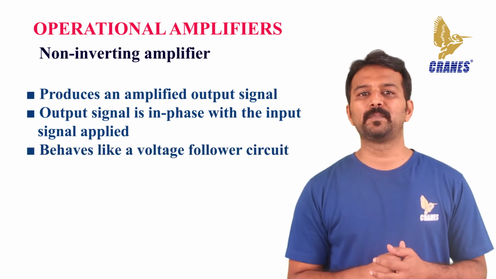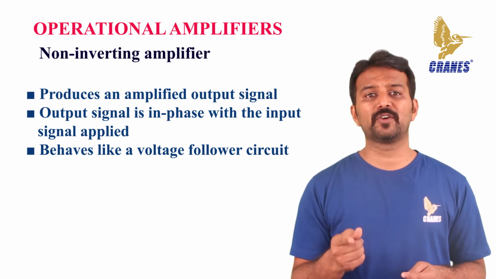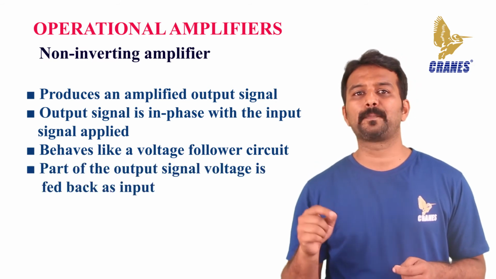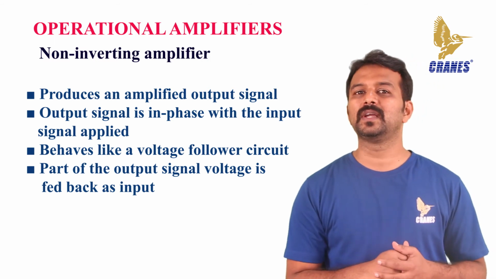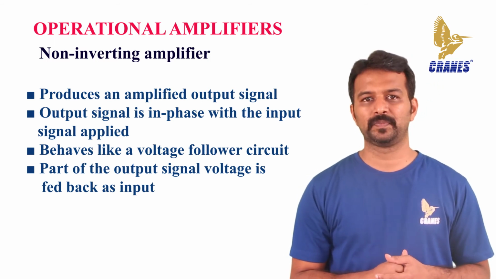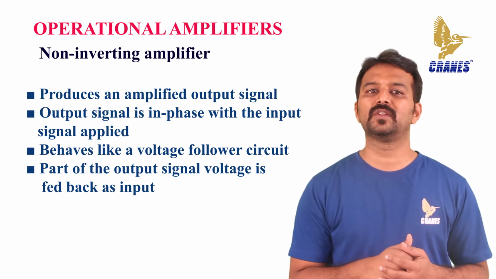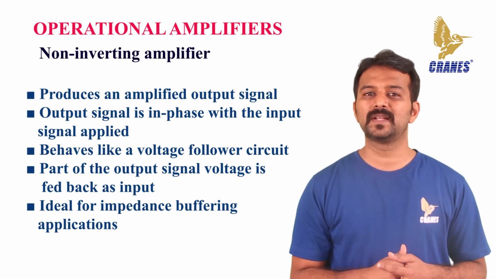A non-inverting amplifier also uses a negative feedback connection, but instead of feeding the entire output signal back to the input, only a part of the output signal is fed back to the inverting input terminal of the op-amp. The high input impedance and the low output impedance of the non-inverting amplifier make the circuit ideal for impedance buffering applications.